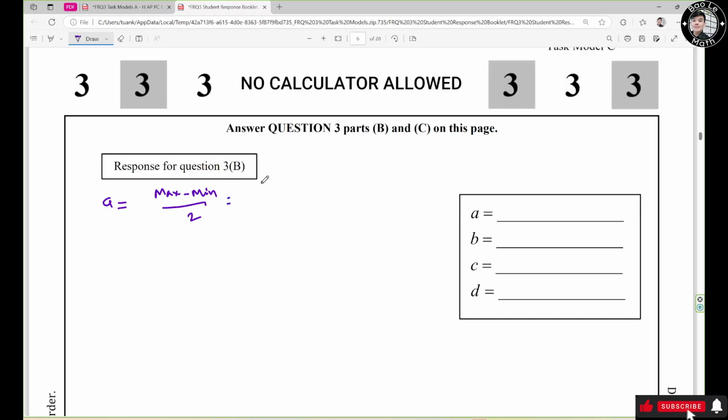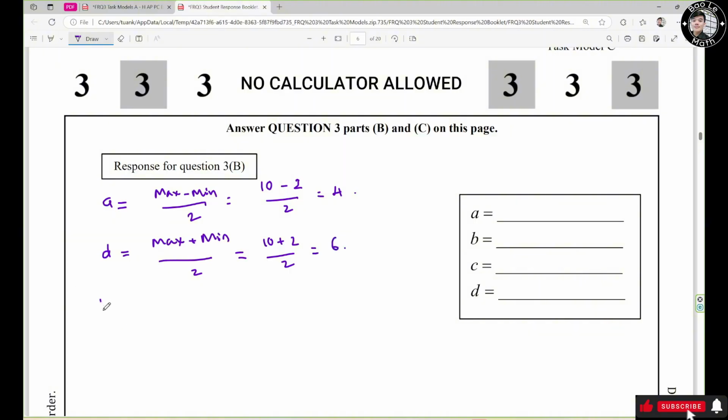The maximum, you know, is 10, subtract minimum, which is 2, divided by 2. So it could be 4. Now, the midline d equals maximum plus minimum divided by 2. So it could be 10 plus 2 divided by 2. It's going to be 6.